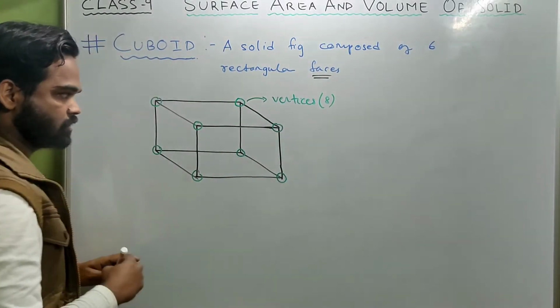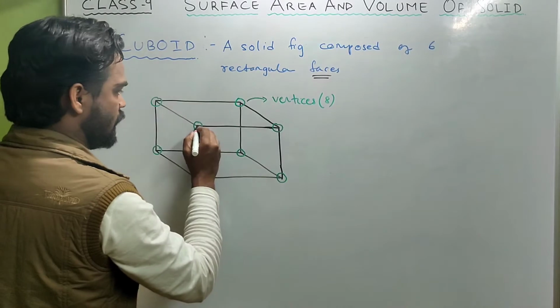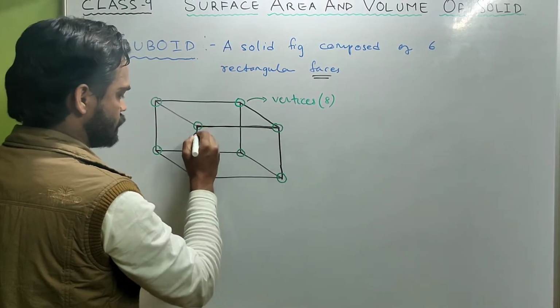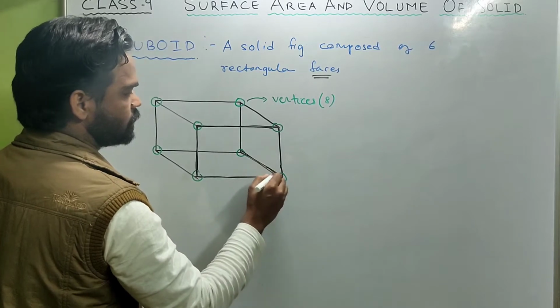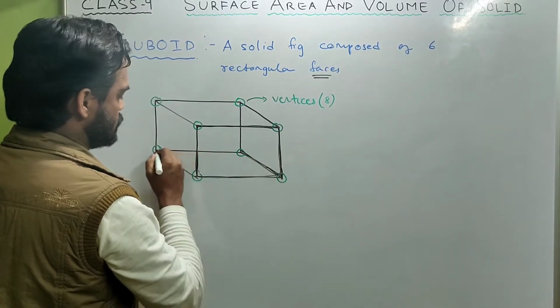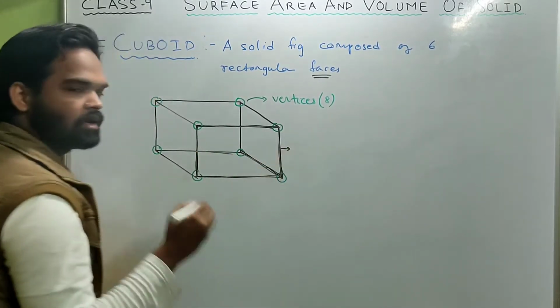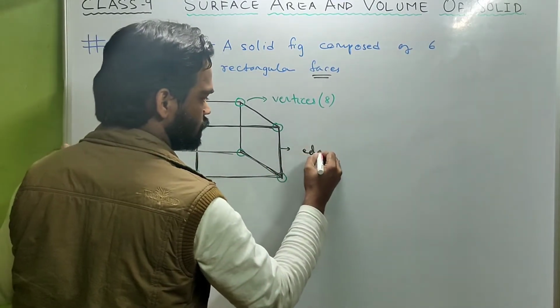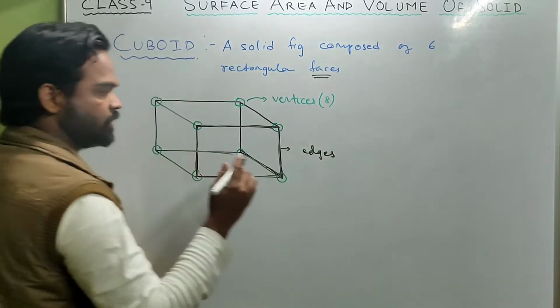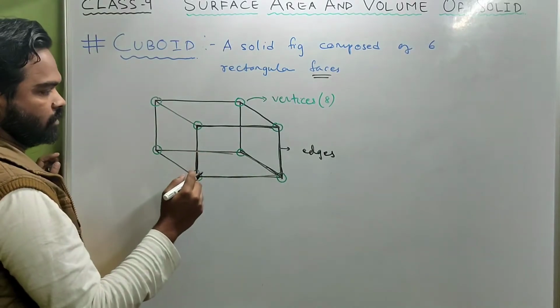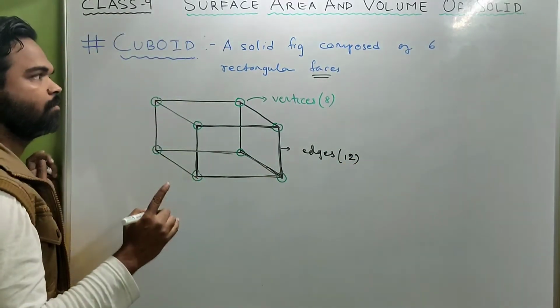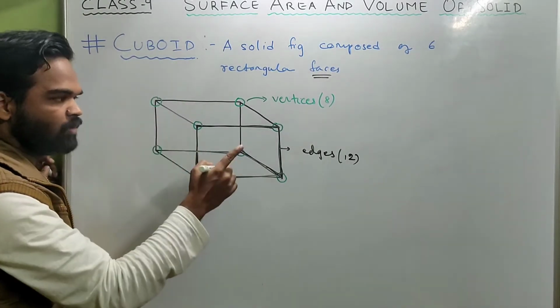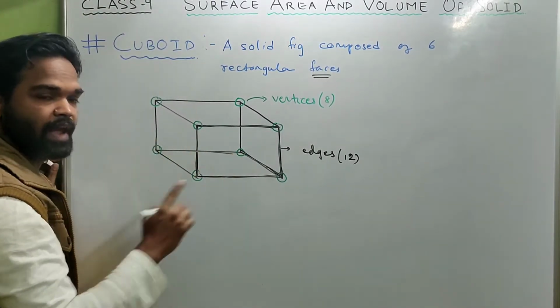And the 6 faces meet and form straight lines, isn't it? These are my edges where the faces meet, and altogether, if you look carefully, there are 12 edges. So in a cuboid, you have 6 faces, 8 vertices, and 12 edges.